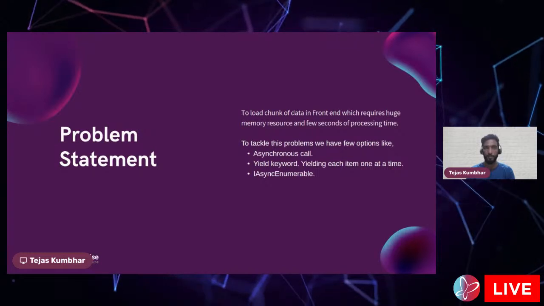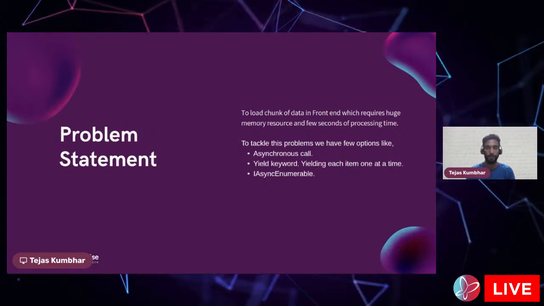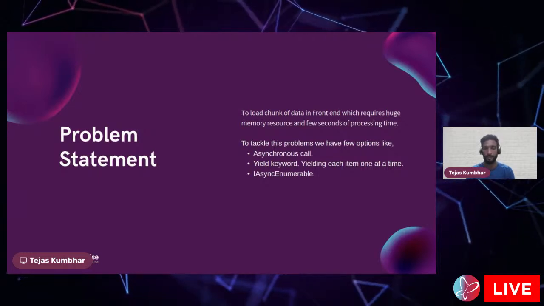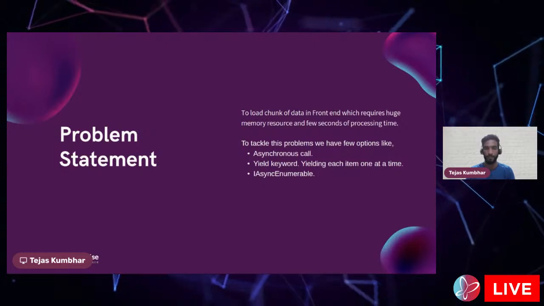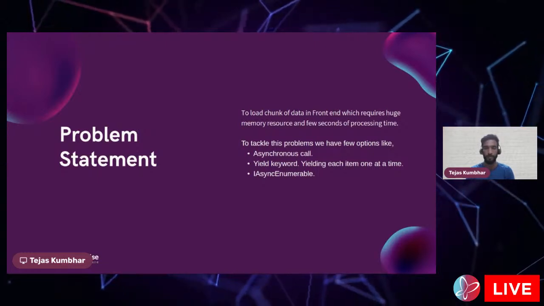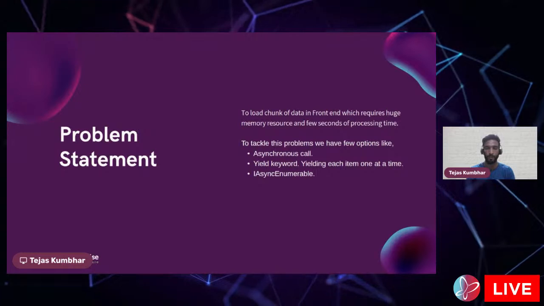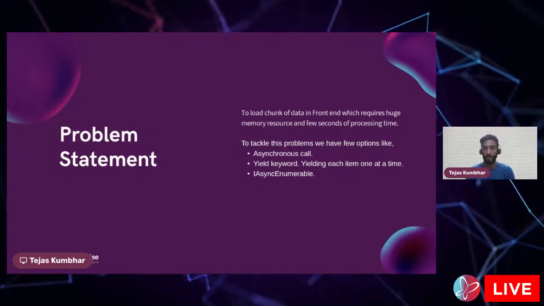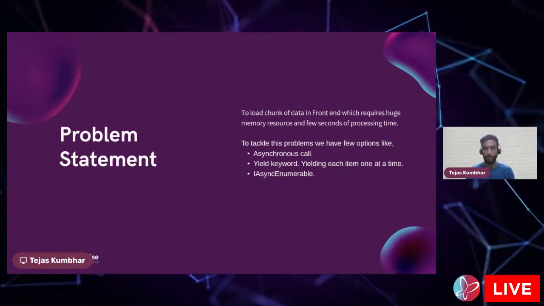If there are two requests, the second request doesn't need to wait for the first request to be processed. The second approach is the yield keyword, where you can yield each item at a time. As soon as you receive one record from the database, you pass it directly to the UI. But these two approaches come with some drawbacks that can be covered with IAsyncEnumerable.